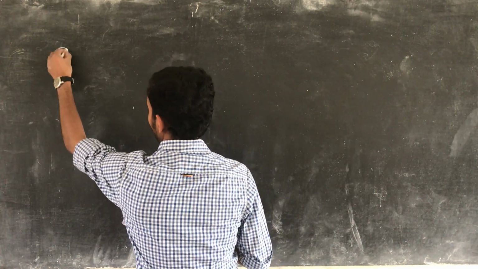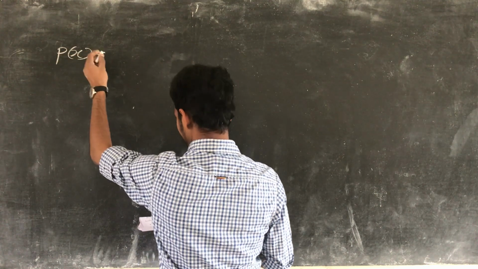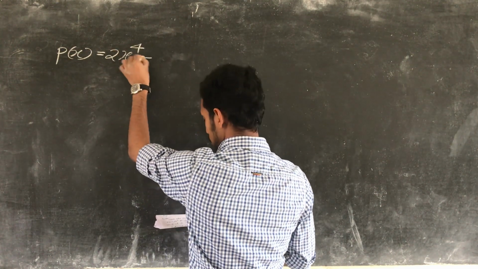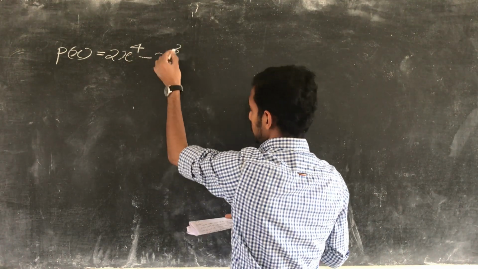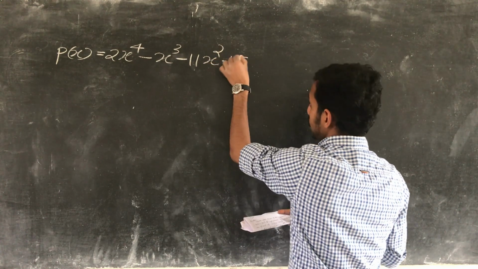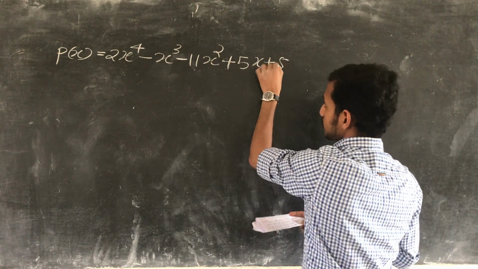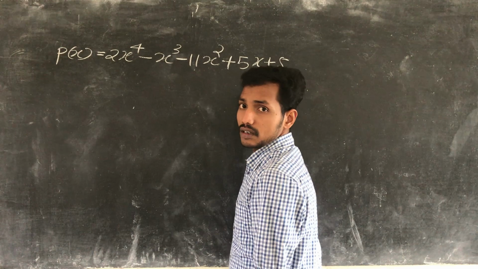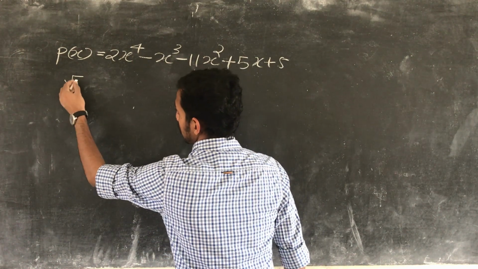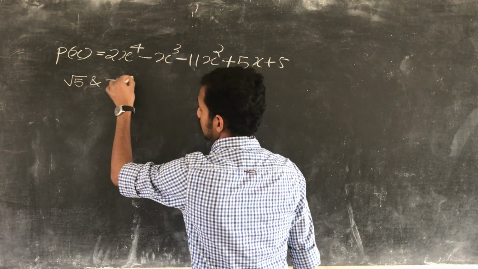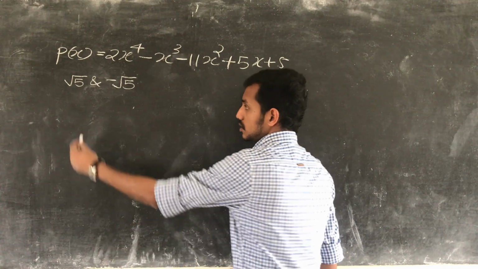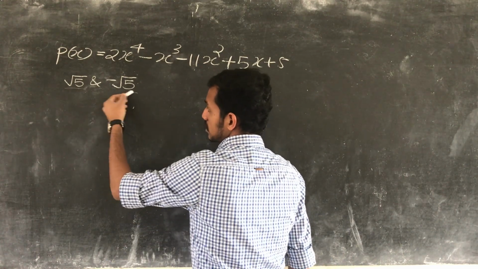Here p of x is equal to 2x raised to 4 minus x cube minus 11x square plus 5x plus 5, and two zeros are given, root of 5 and minus root of 5. Suppose we consider this as alpha and this as beta.